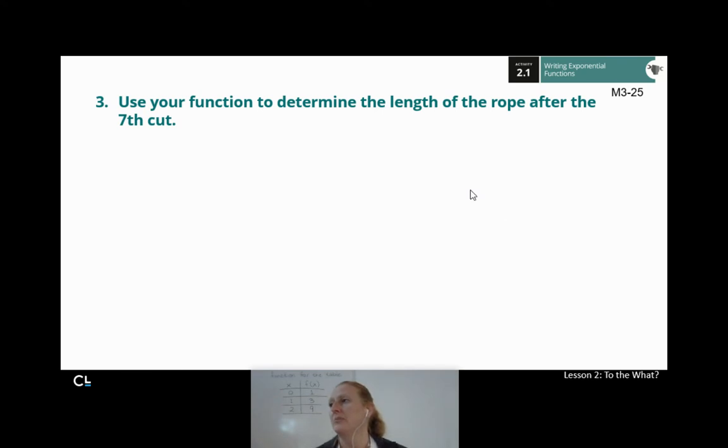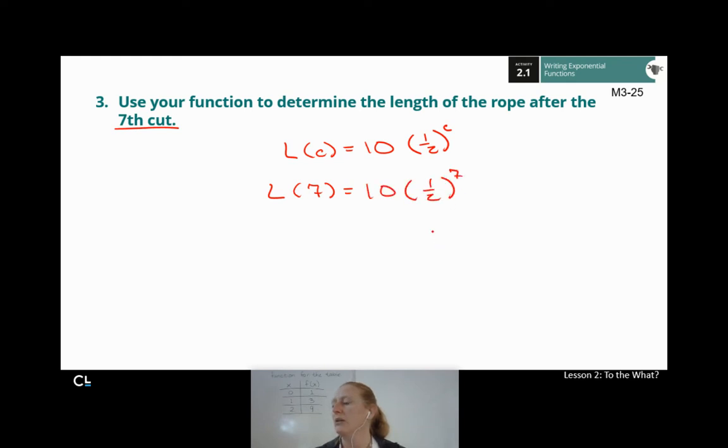So I'm going to use my function, which we said was L of C equals 10 times 1/2 to the C power. Only we said it's going to be the 7th cut, so I need to plug in a 7. So 10 times 1/2 to the 7th power. Woo. All right, this is why I want a calculator.